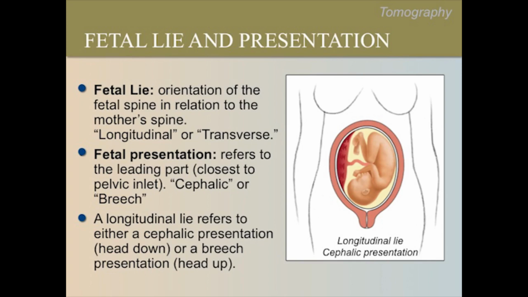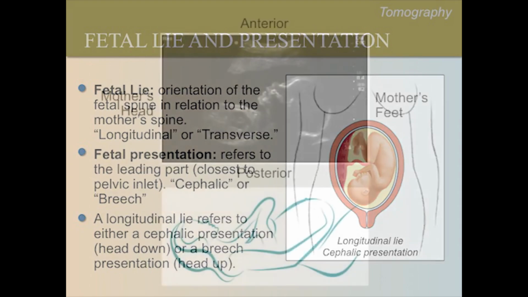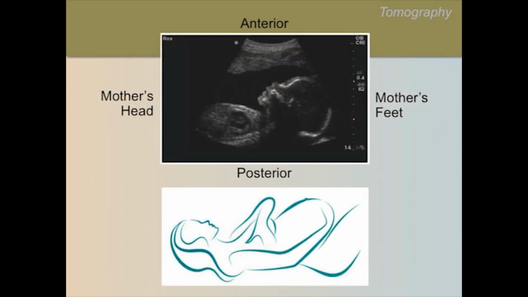Another possibility is that the fetal lie is transverse, which means that the baby is in a sideways position, with its head towards one of the maternal sides. A transverse fetal lie, or a breech presentation, can complicate delivery. Now let's apply these terms to an ultrasound image.